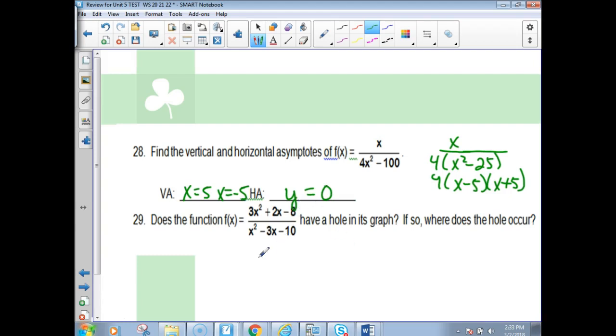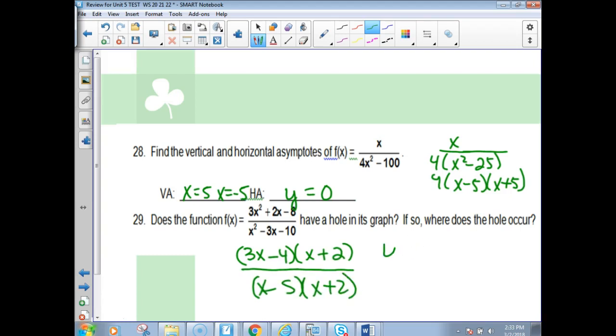Does this thing have a hole in its graph? Got to factor and find out. The denominator factors to x minus 5, x plus 2. Yes, there is a hole when x is negative 2.